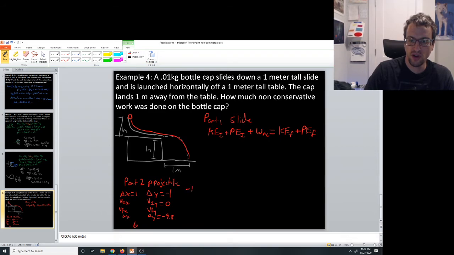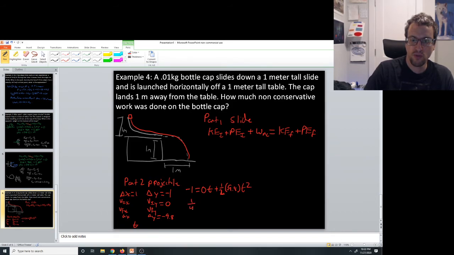So -1 equals, using change in y equals v initial times time plus 1/2 at squared, 0 times time plus 1/2 times -9.8 times t squared.